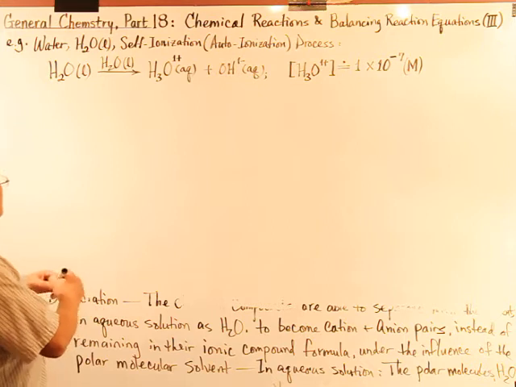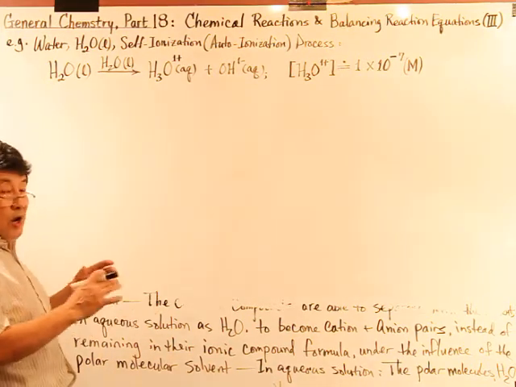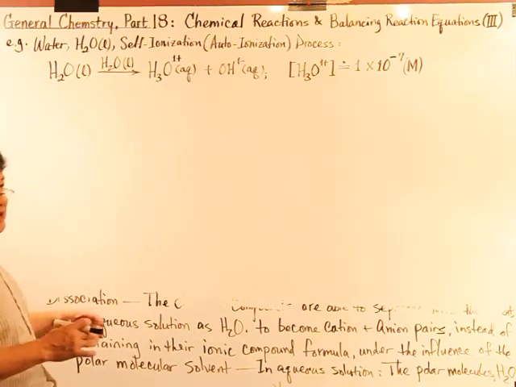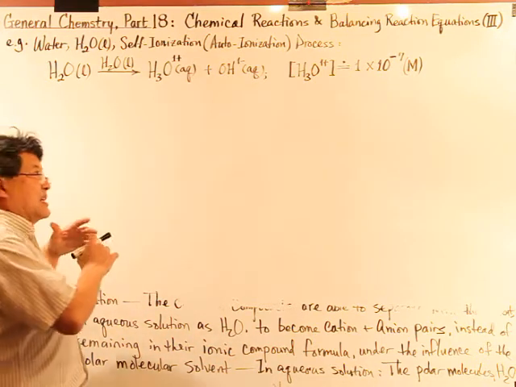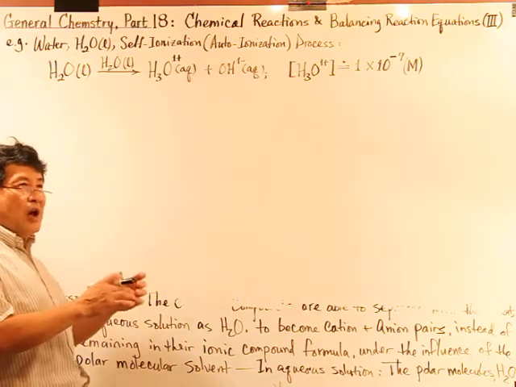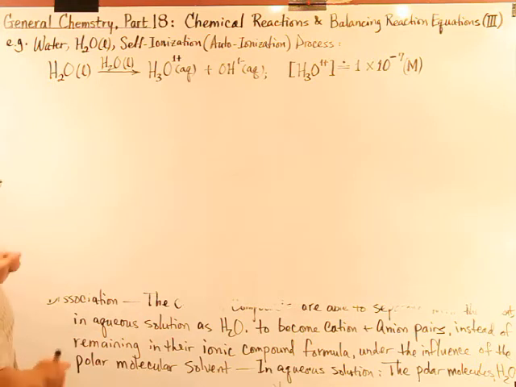But if they completely form cation and anion pairs, we call them strong electrolytes. The ionic compound dissociates in aqueous solution, becoming zillions of cation and anion pairs in a water solvent. So what happens?